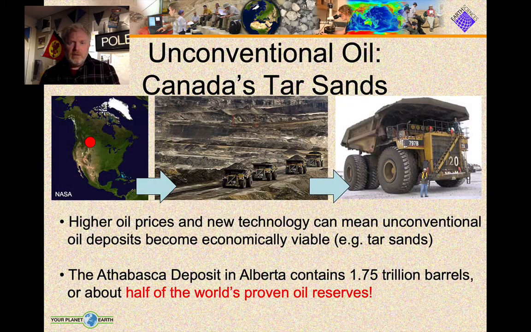There are various other types of unconventional oil sources. These are the tar sands in Alberta in Canada, where oil has been trapped within unconsolidated sand near the surface, and it's actually mined out.